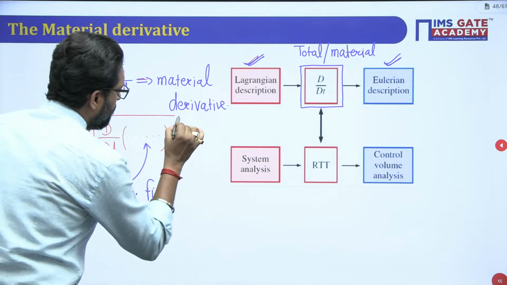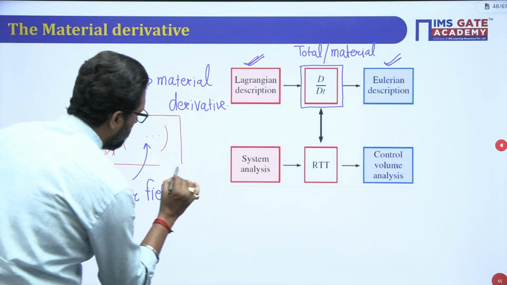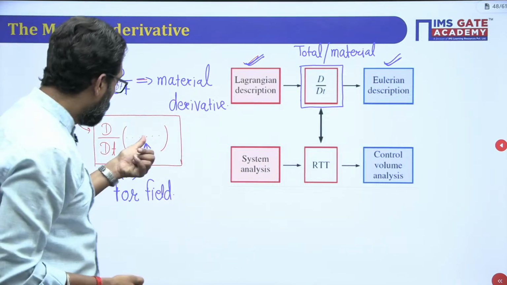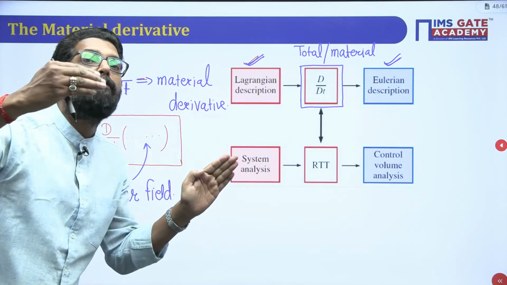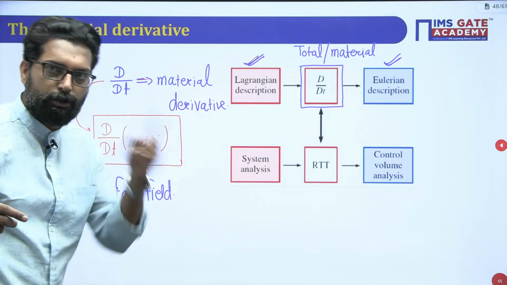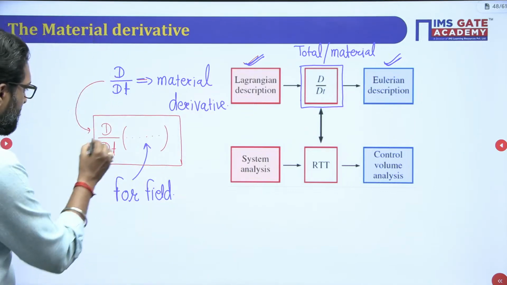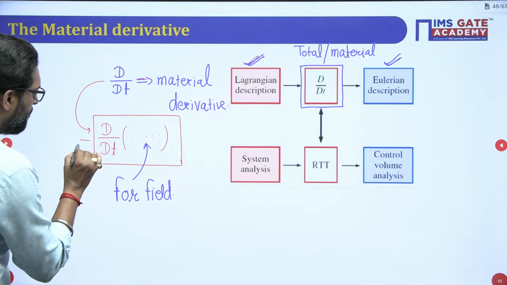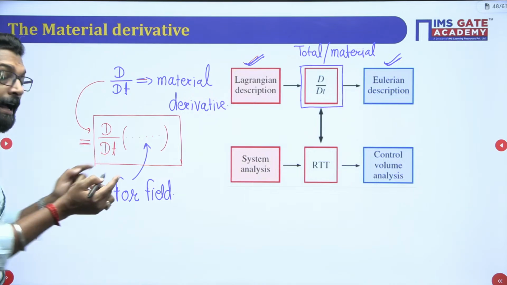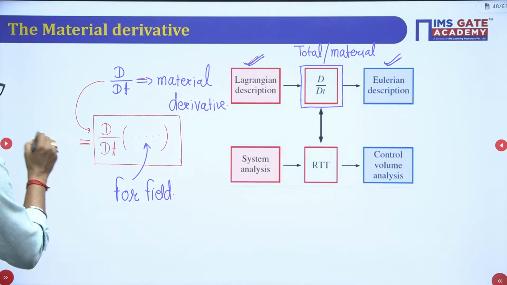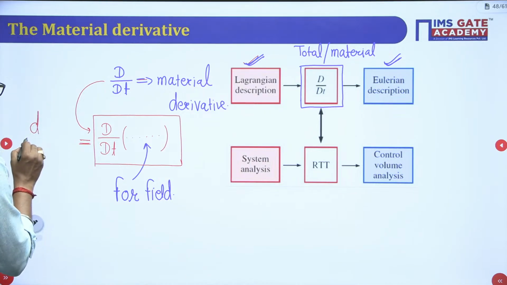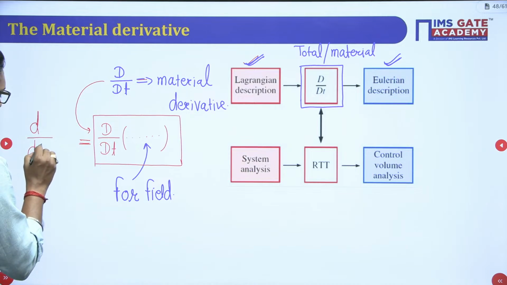So the differentiation of the total derivative is for the field, so if we differentiate, the result is in the form of partial derivatives. It is not absolute. And this material derivative is exactly equal to the total, absolute, ordinary derivative, that means d by dt.